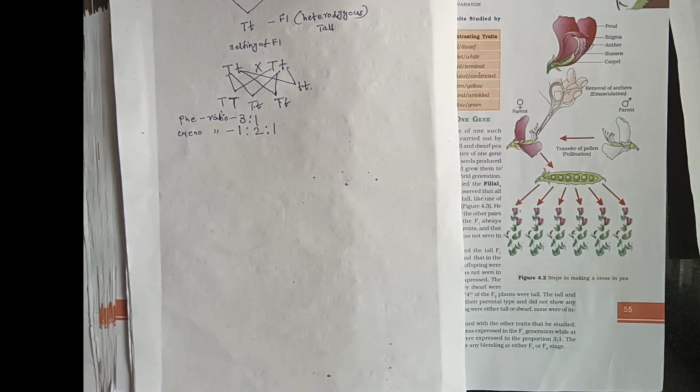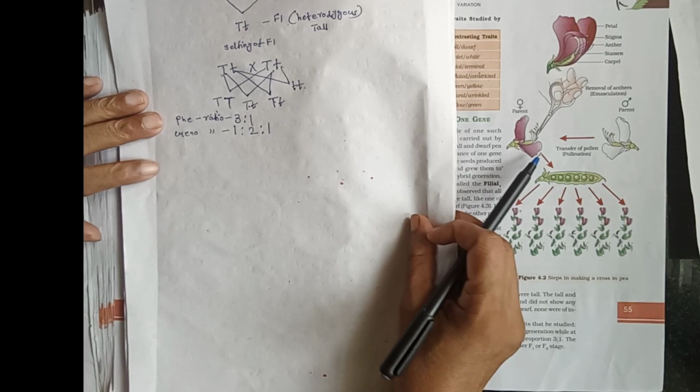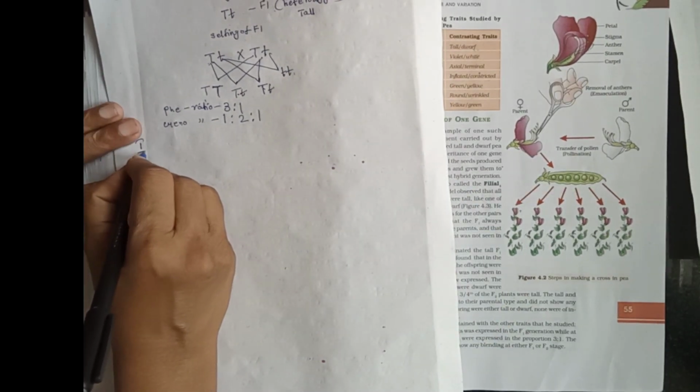Then the three laws proposed by Mendel are the law of dominance, law of segregation, and law of independent assortment. We can discuss the three laws. First law, law of dominance.